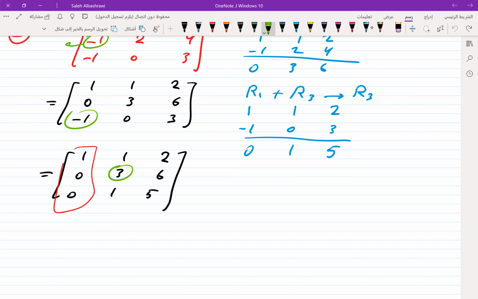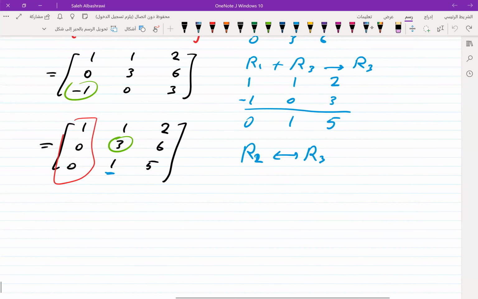So to make it equal to 1, I'm going to swap R2 and R3, because I have 1 there in R3. It's just a swap, there's no operation.